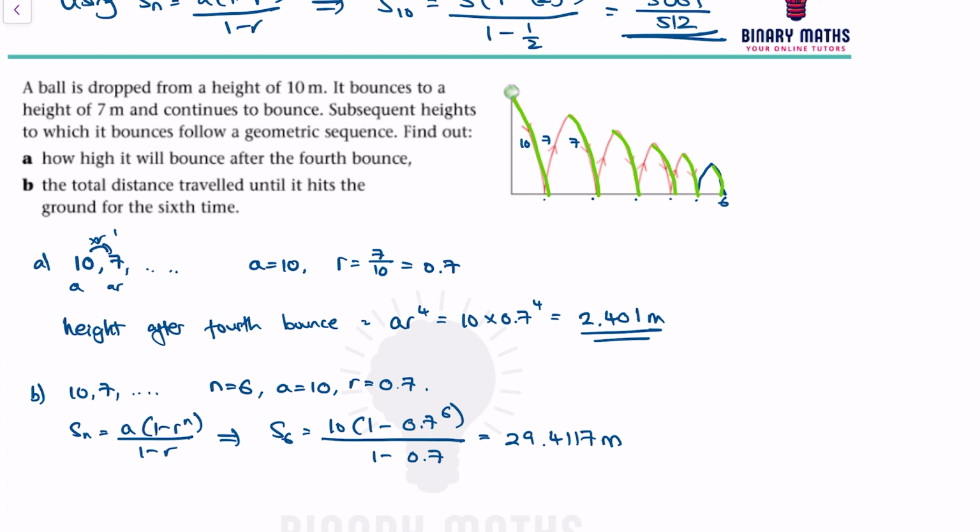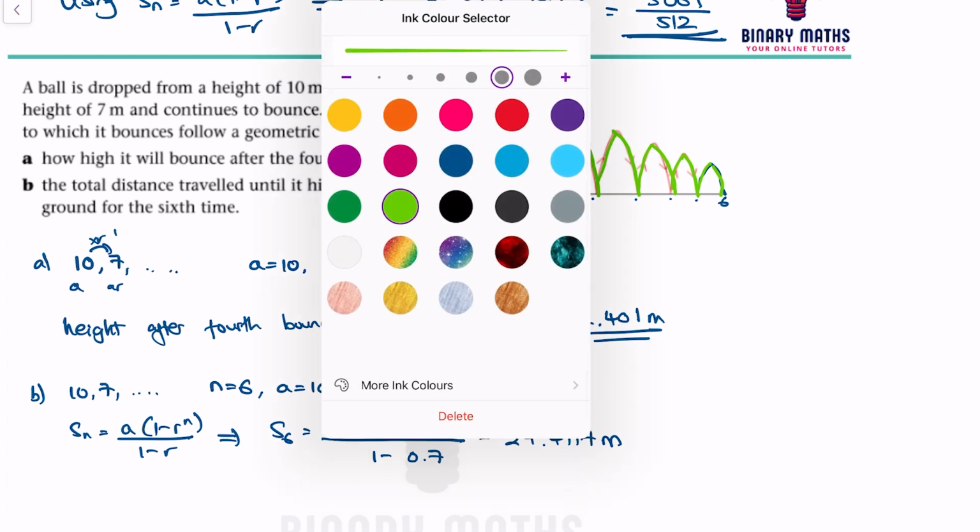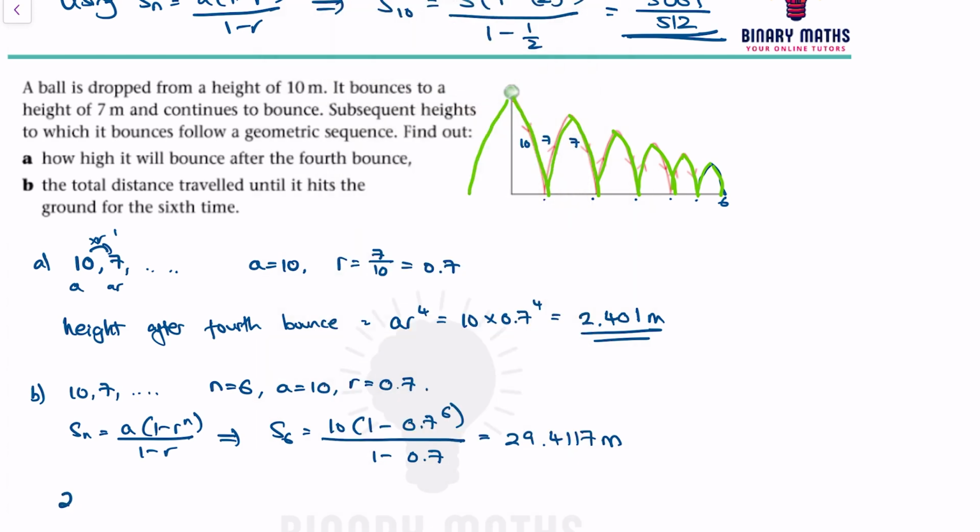If I double it, then I'm going to get this 10 doubled, which I don't want here. So all I need to do is double S_6, but I need to take away 10 because I don't want the 10 at the beginning. So it's the same thing as 2 times 29.4117, take away 10, which gives me a value of 48.8234 meters. So that would be my answer.